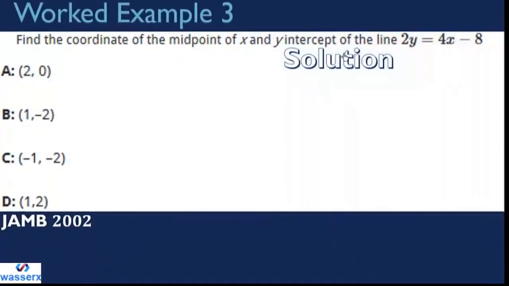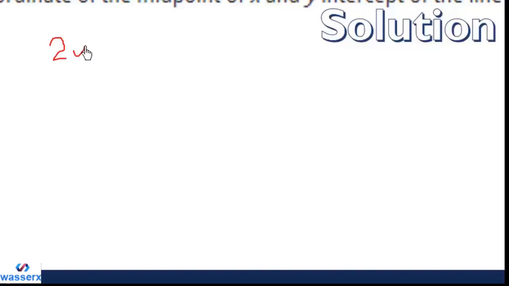Let's take example 3. Now we know how to find the intercept. For 2y equals 4x minus 8, when x equals 0 we get the y-intercept.